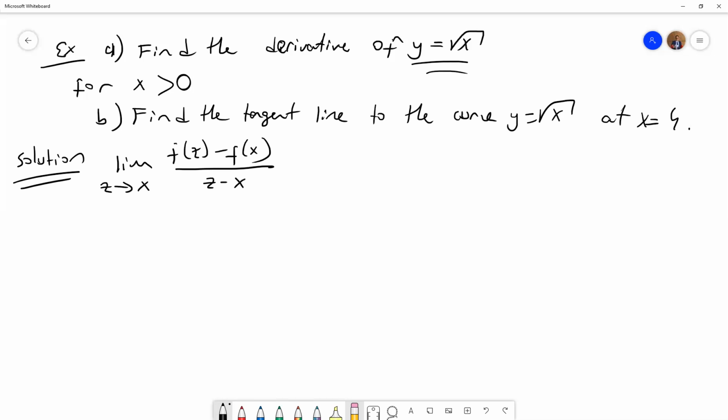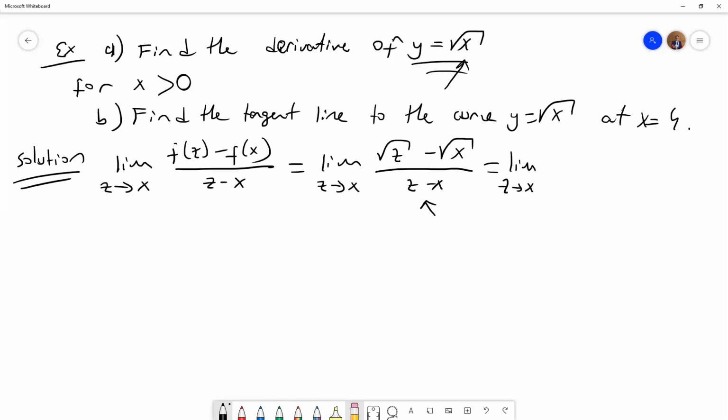So if we use this one, z goes to x, and for f(z), if you put z here, we have square root z minus square root x over z minus x. Also, we can rewrite this z minus x like that: square root z minus square root x, times square root z plus square root x.